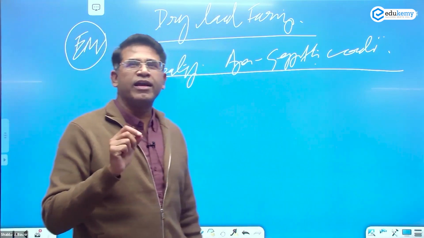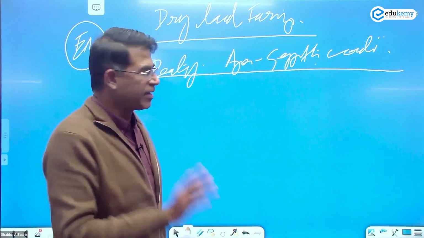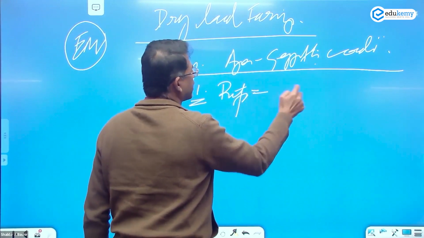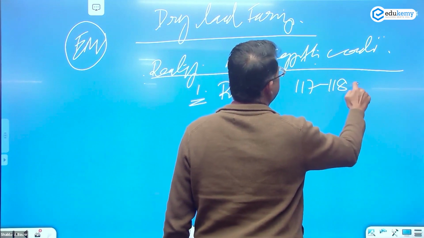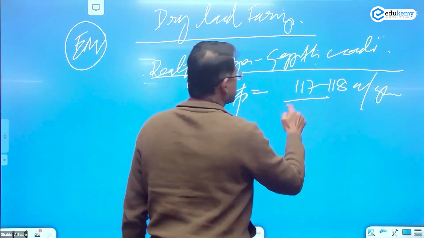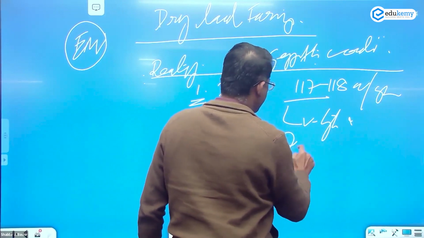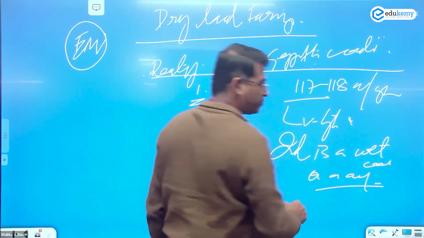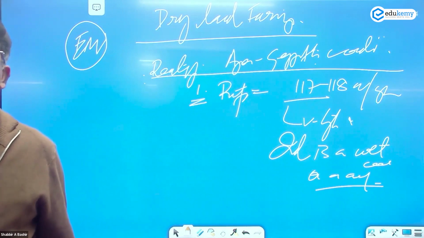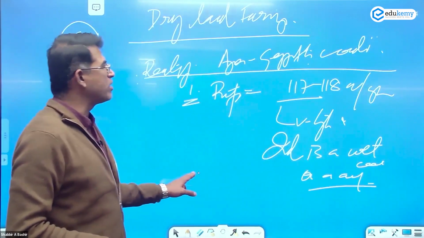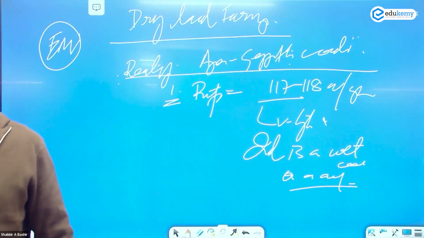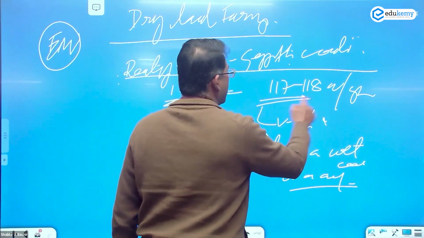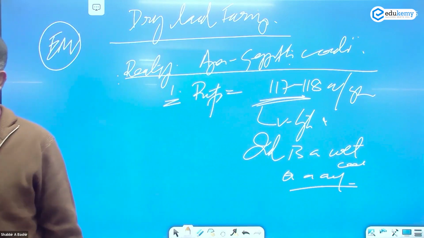The reality of India's agro-geographical conditions. Okay, reality is इंडिया में जो रेनफॉल है, it is 117-118 centimeters per year, and this is very high, and India is a wet country on an average. ठीक है, India's annual rainfall is 117-118 centimeters per year, which is fairly high. अच्छा, any number above 70-80 को high बोलते हैं हम.